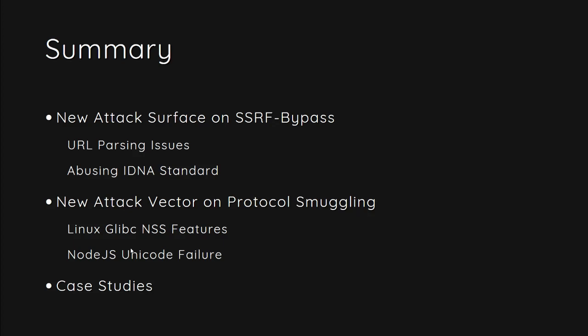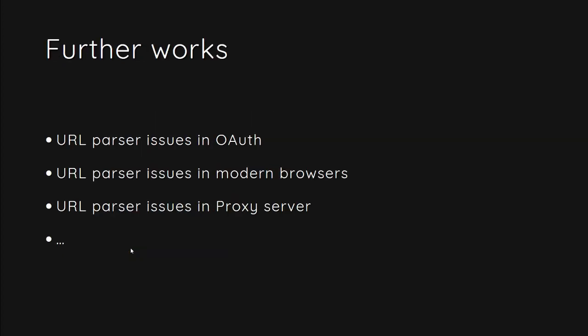These issues can inject a malicious payload into a valid HTTP request to bypass the firewall and touch intranet services. Lastly, we gave case studies on Python, MyBB, and GitHub. For future work, maybe someone or I can find similar URL parser issues in OAuth, modern browsers, cache servers, or proxy servers.